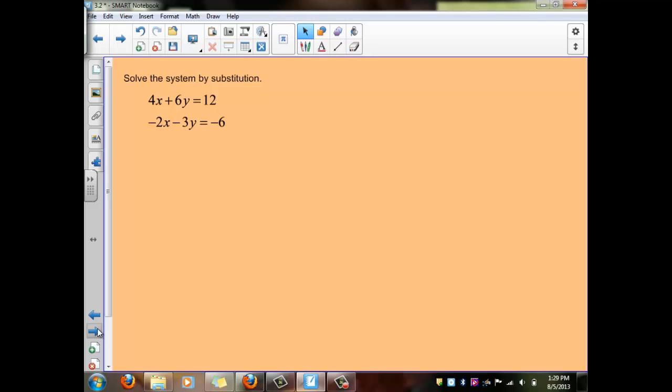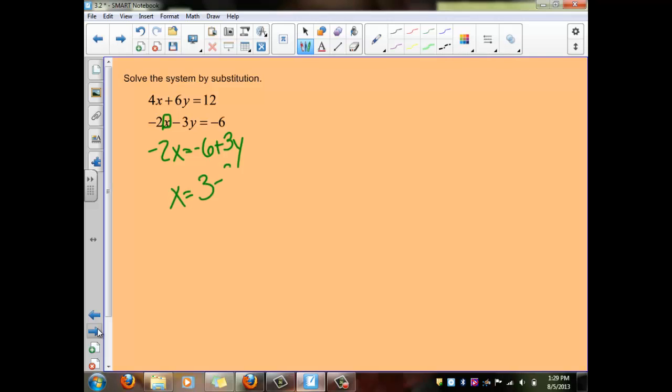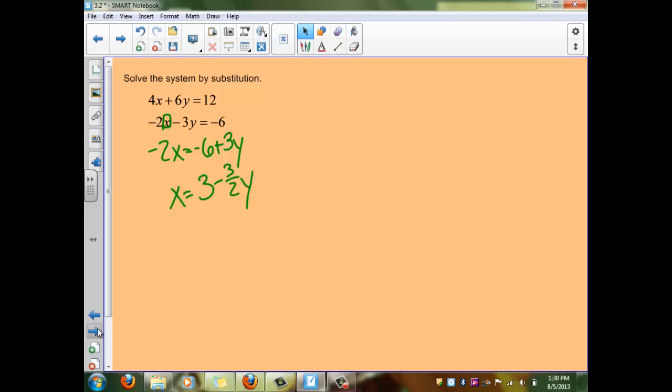Now on this one, we have to get one of our equations by itself. It doesn't matter which one. Let's go ahead and just solve this one for x. So we added over our 3y, and now divide everything by that negative 2. And now let's go ahead and substitute this into our top one for x.